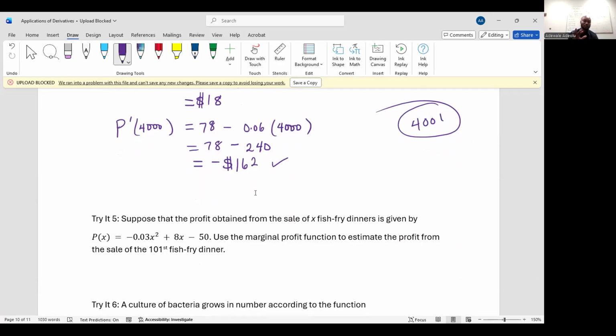Oh, no, we cannot just keep producing. We need to stop. But then the question you might be having now is, when do I stop producing? So we need to study additional concepts to help us get to that. In your pre-calculus one, you learned the concept of vertex.